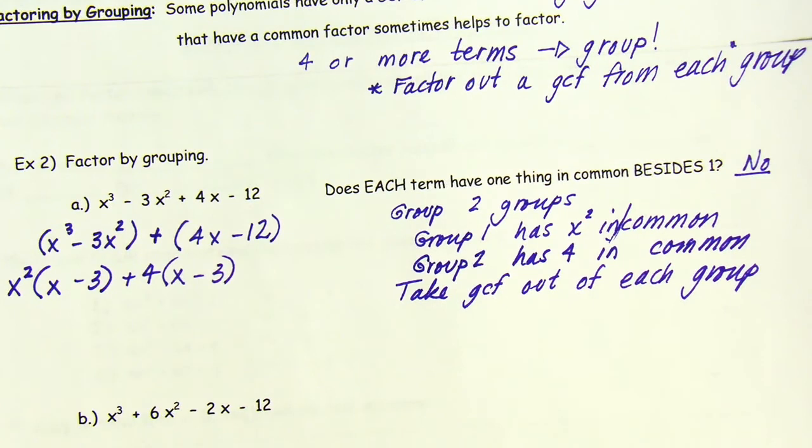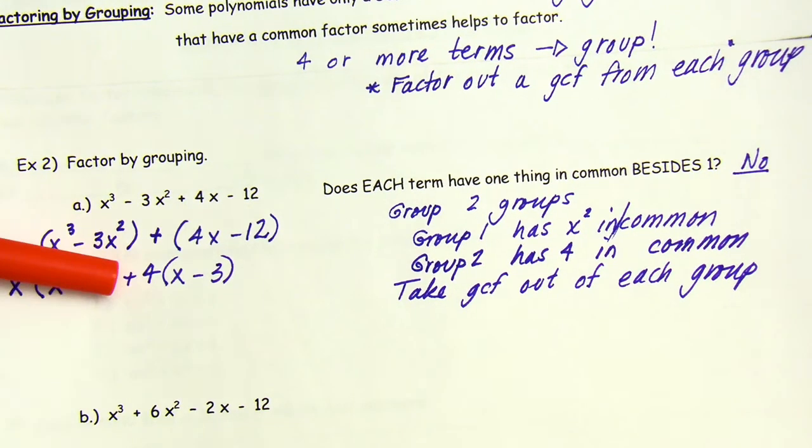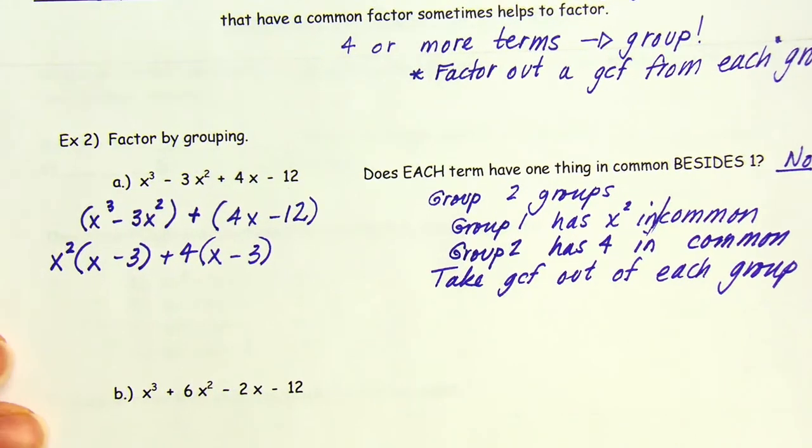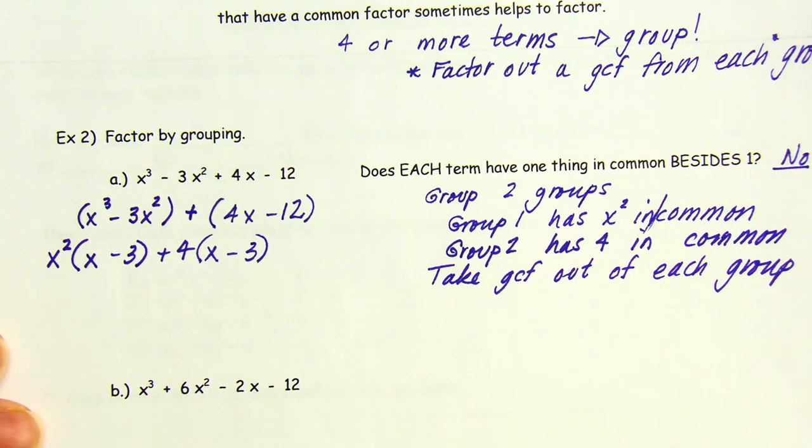I'm not quite done though, because there's an addition here. Remember, when you are fully factored, you end up with a product of terms. You know, think about a factor tree. When you break it down to its prime factors, you end up with something times something else times something else times something else, all the prime factors. This is not a product. But these two groups do have something in common. They have an x minus 3 in common.